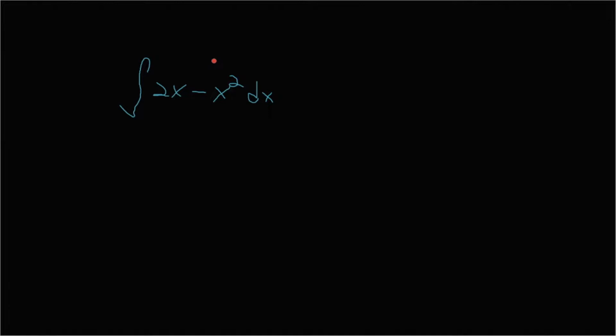We could separate this integral if we wanted to, breaking apart the integral and rewriting it, with dx on each part. We know the integral of 2x is x squared, and we could do the same thing for the other part if you really wanted to. But you can just do it all in one integral to save a bit of time, so you don't have to rewrite it.